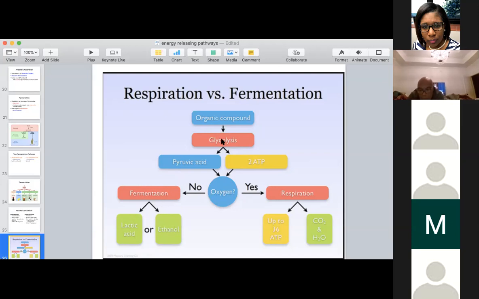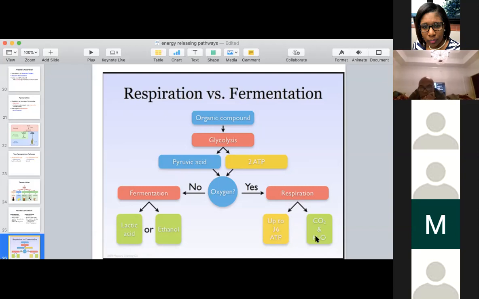All right, if we start to break down glucose and there is oxygen available, so we make that pyruvic acid and oxygen is available, then the process continues as respiration inside the mitochondria, where we continue to produce several units of ATP, 36, and also carbon dioxide and water are produced as a byproduct of cellular respiration.